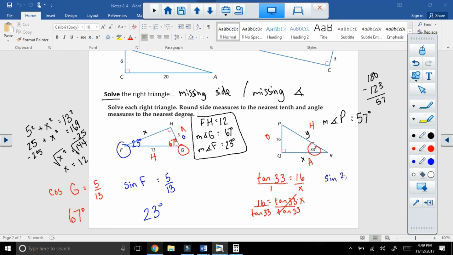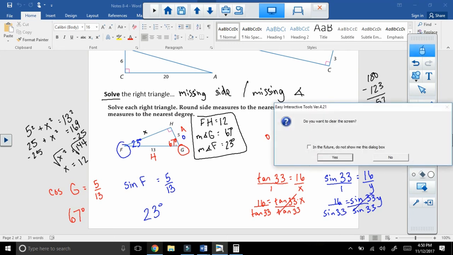That's sine. Sine of 33 equals 16 over the hypotenuse. So this one is going to be 16 equals the sine of 33 times y, or I could divide those each by the sine of 33 to solve for y.